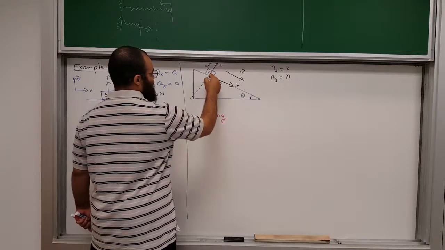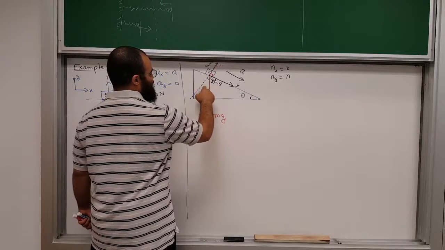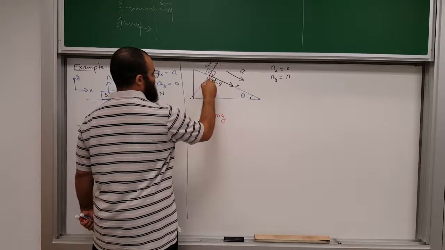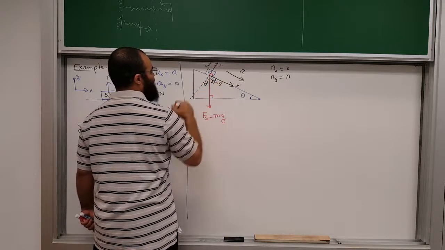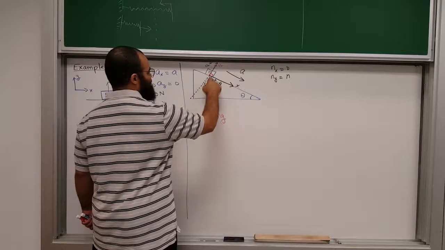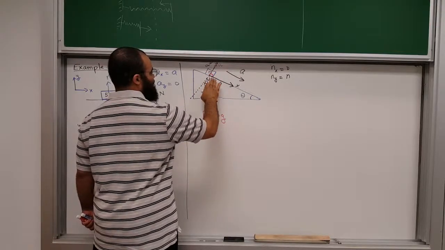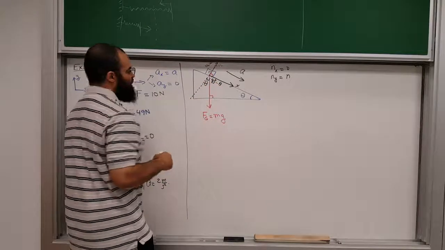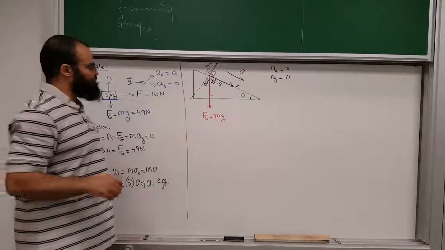But this is a 90-degree angle, so this and this have to add up to 90. Whatever this one is, it has to be theta, because theta plus 90 minus theta gives me 90. So this angle here is actually theta. From now on, you can use this to be theta.